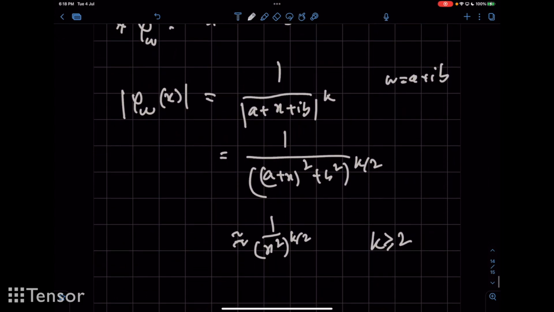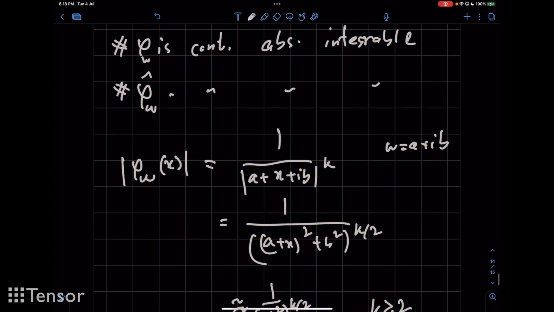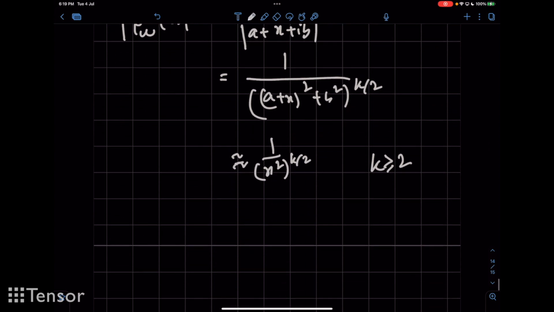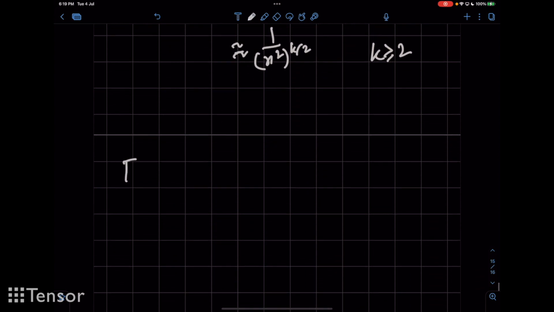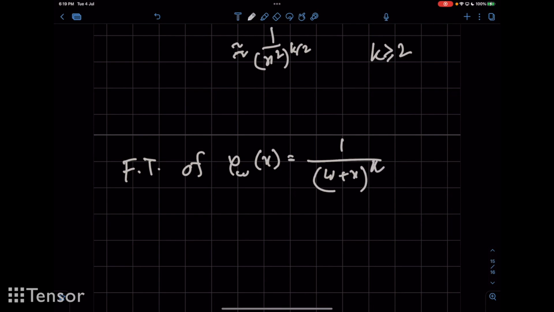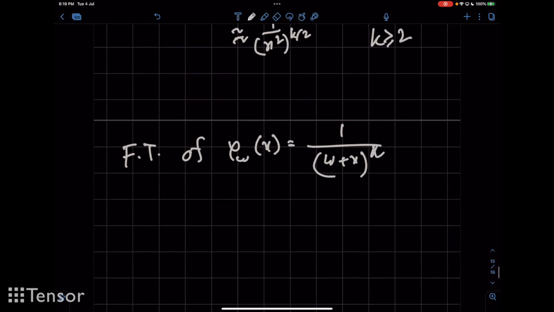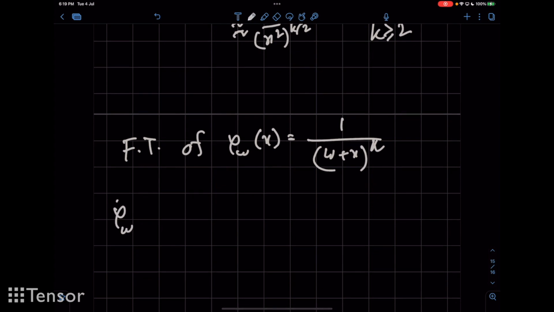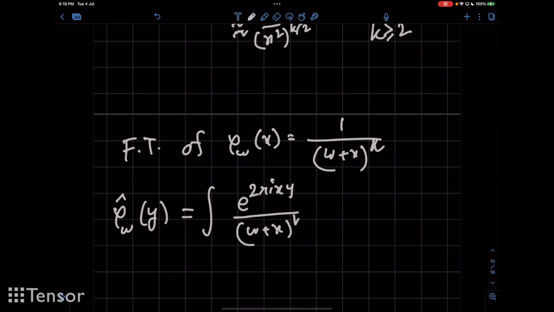All right. Everything's fine. Now we need to find the Fourier transform of phi w. Fourier transform of phi w of x defined as 1 over w plus x to the k. Okay, so let's denote the Fourier transform to be phi w hat, and that at y is an integral of e to the 2 pi i xy divided by w plus x to the k.